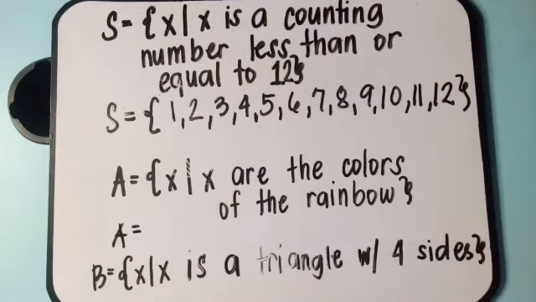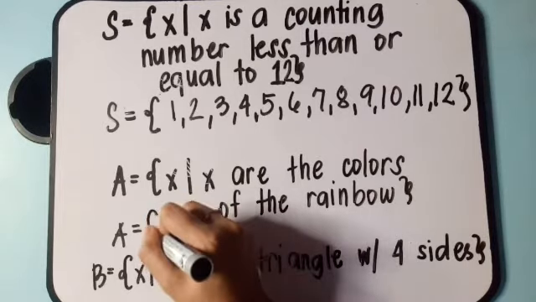Set A is the set of X such that X are the colors of the rainbow. So we all know that we can easily count the colors of the rainbow. And meron din tayong ginawang acronym nito. We have the Roy G. Biv.